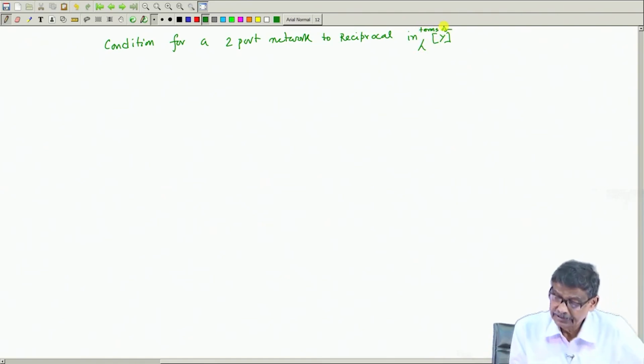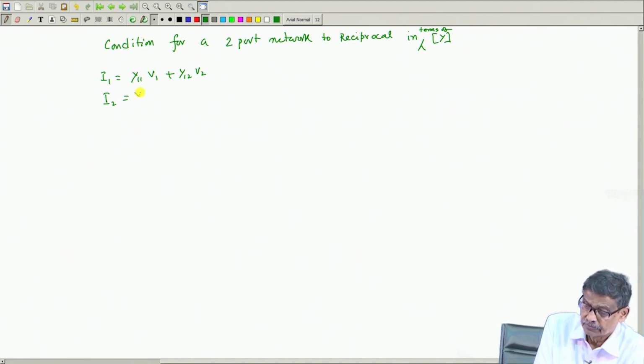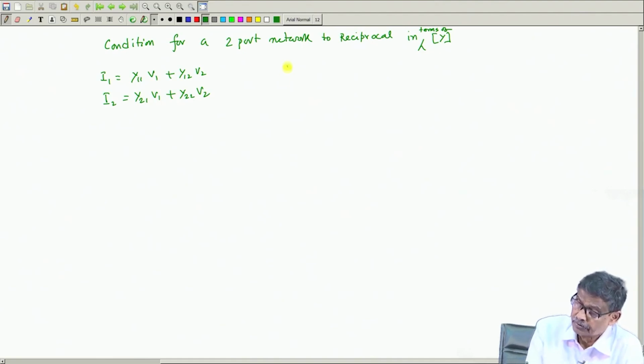Once again, the same thing. First I write down these two basic equations: I 1 is equal to y 1 1 V 1 plus y 1 2 V 2, and I 2 is equal to y 2 1 V 1 plus y 2 2 V 2. This is the general thing, and I have to find out the things under these two conditions.